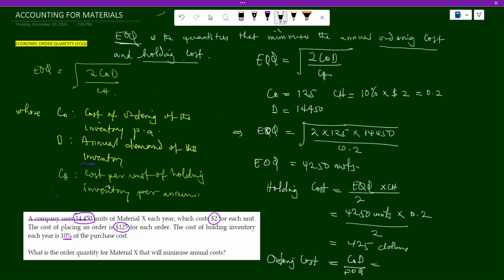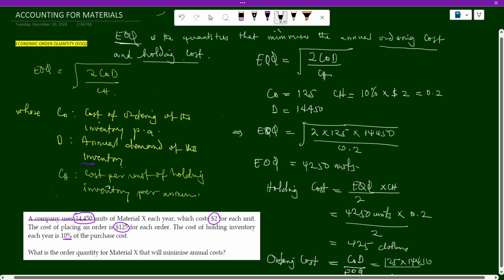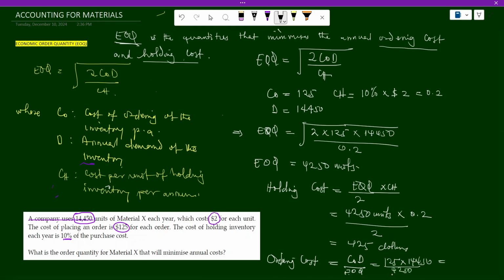Okay, so the cost of ordering is 125 multiplied by the annual demand, which is 14,450 divided by the economic order quantity, which is 4,250. So let's look at this: 125 times 14,450, divided by 4,250. And that one is also going to give us 425.